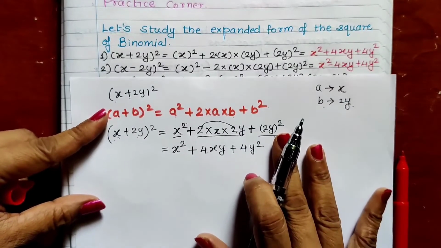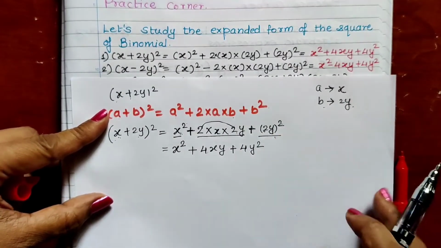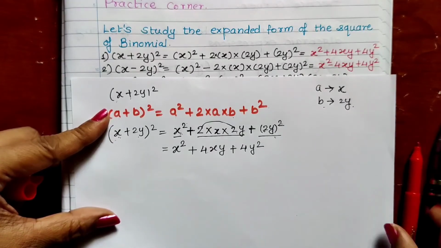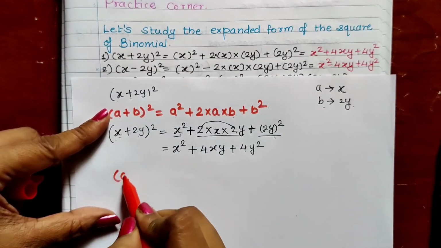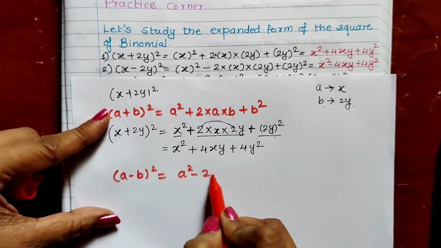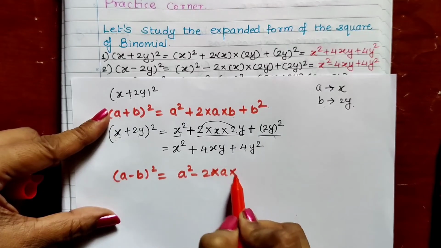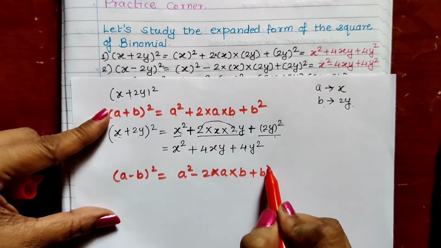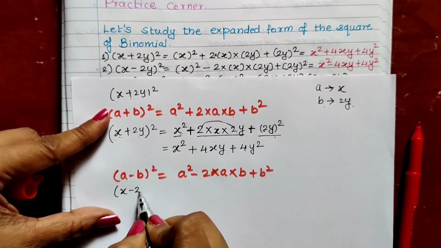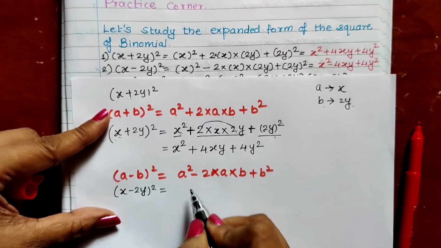Now let us see this second sum. In second sum, which formula we have applied? We have applied the formula of a minus b whole square. So it is a square minus 2 into a into b plus b square. So in question what is there? x minus 2y whole square.